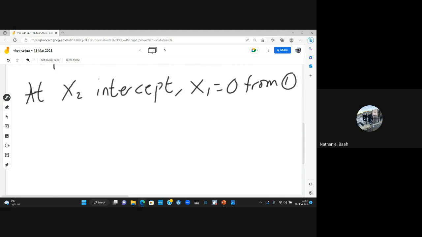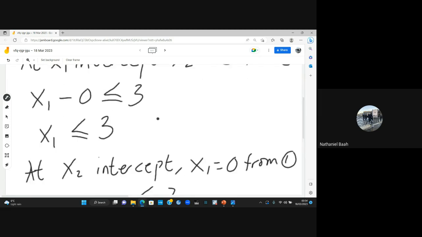So that means that we are going to get 0 minus x2 should be less than or equal to 3. So our x2 here should be less than or equal to negative 3. Good. Hope we are making progress.